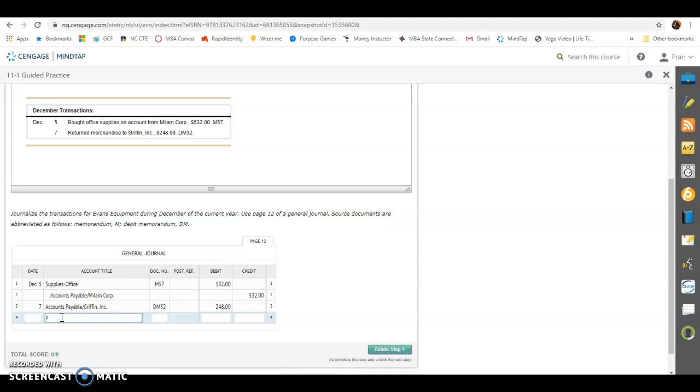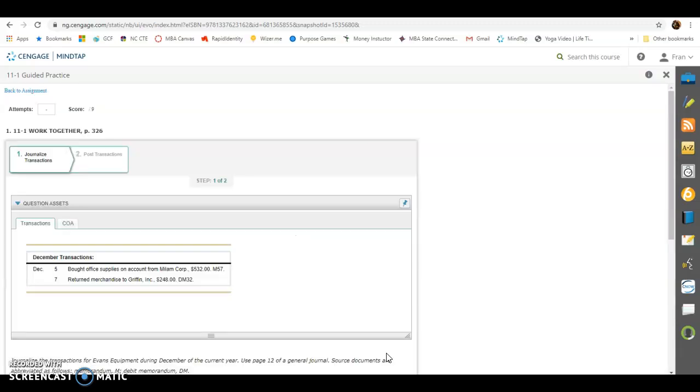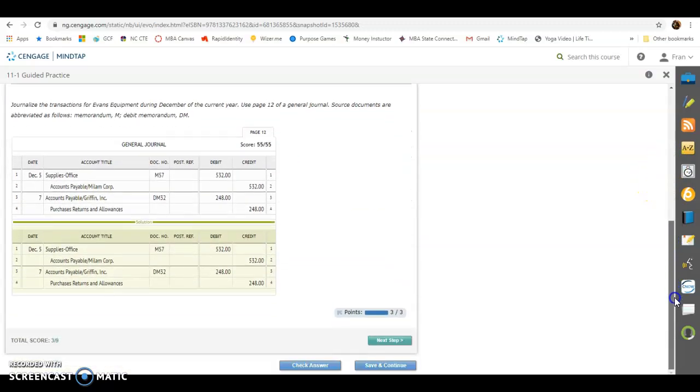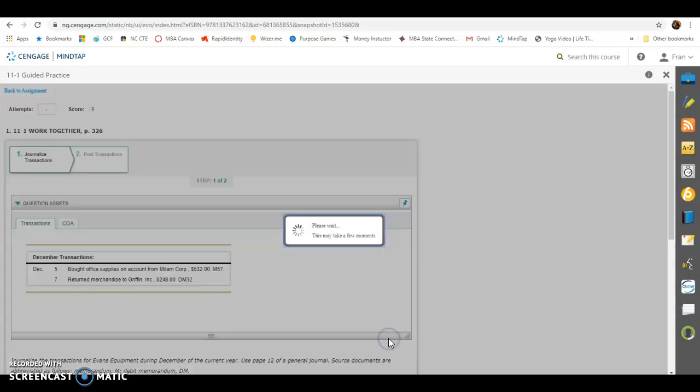And purchases, returns, and allowances. Since it's a purchase return, we'll grade the step. Everything's correct. Sorry, we'll go to the next step because there's another step.